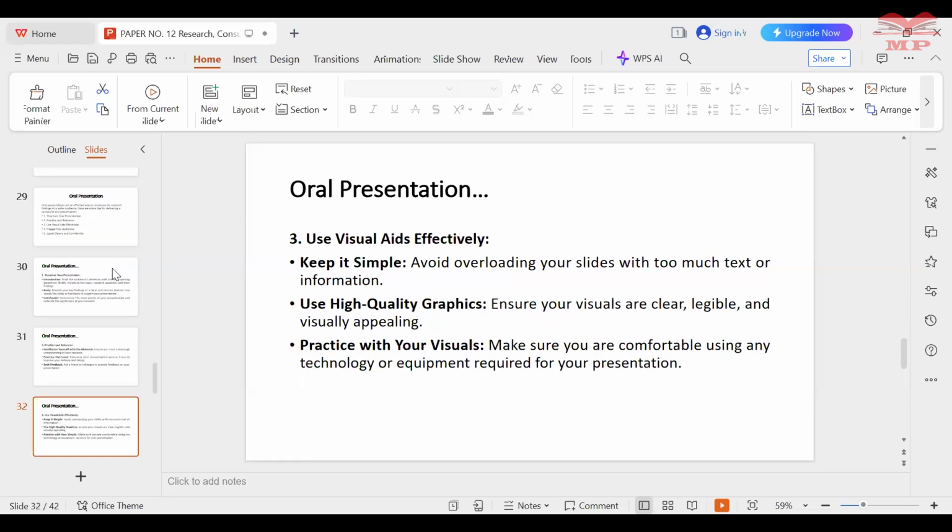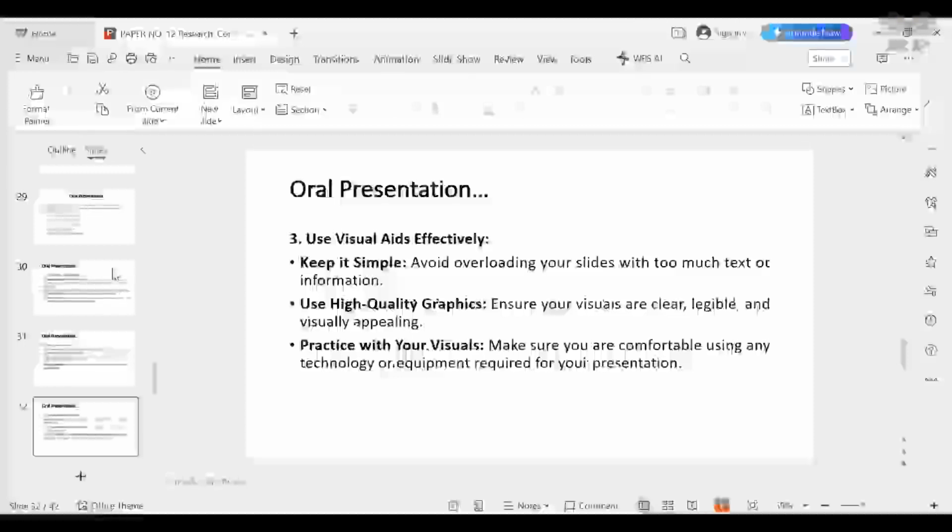Thirdly, in oral presentation, the presenter has to use visual aids effectively. It's important to keep these visual aids simple, use high quality graphics, and practice with the visuals. In terms of keeping it simple, it is important for the presenter to avoid overloading the slides with too much text and information.